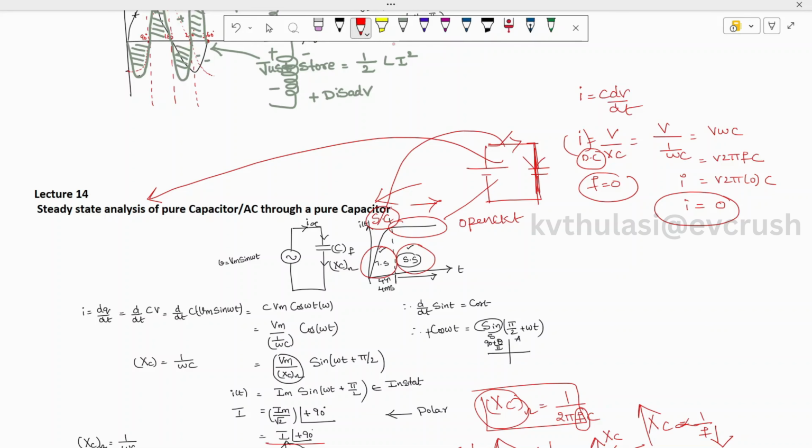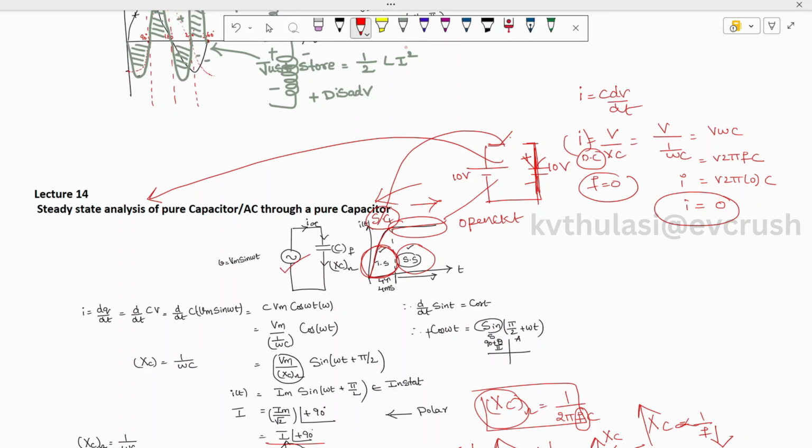Whenever the current is flowing through the capacitor, it is charging. The time taken by the capacitor to charge is called the transient state. After getting charged, if 10 volts is applied, the voltage across the capacitor is also 10 volts now. As soon as the voltage reaches that, it will act like an open circuit. Now this itself will act as a source, an energy storage device. That is the behavior of a capacitor with AC supply as well as DC supply.